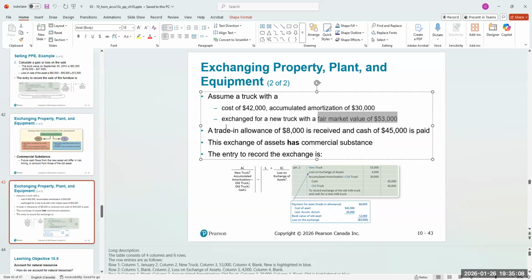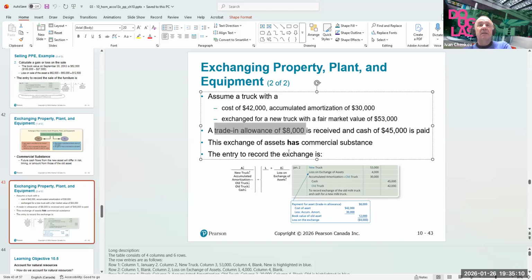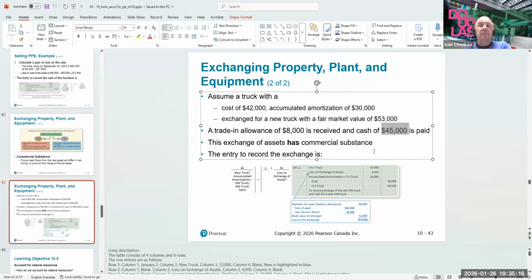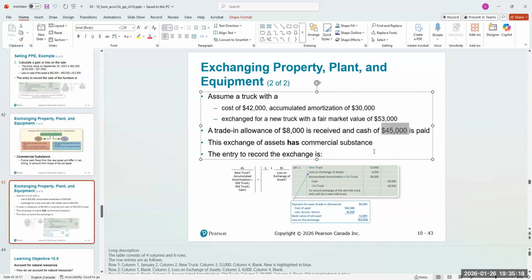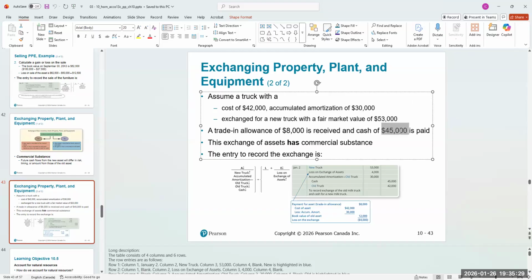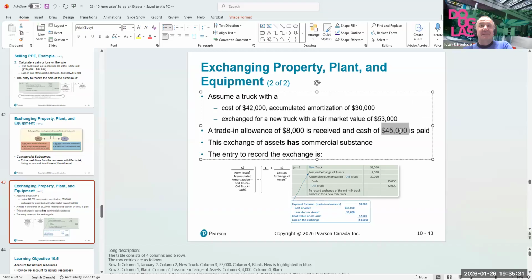But they're saying, I'm going to give you an allowance of 8,000. So I have to pay only 45. Oh, okay. Does that make sense? Yeah, that makes sense. So I'm getting something that's worth 53, but I'm paying only 45. Yeah, I can understand that. So what's happening in this case?